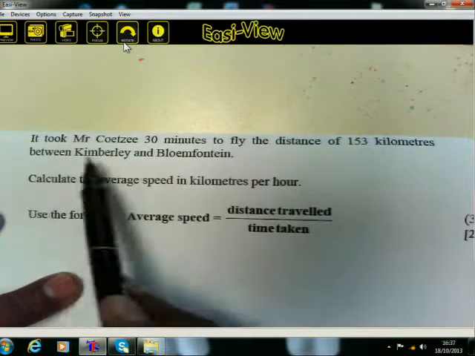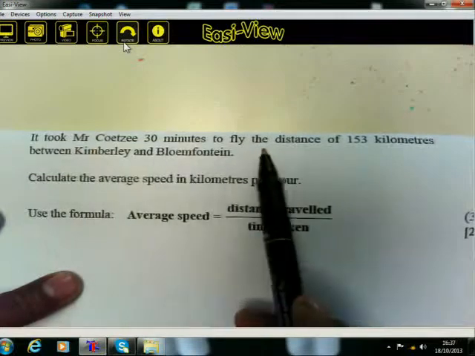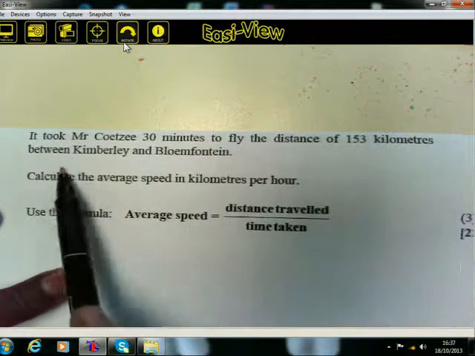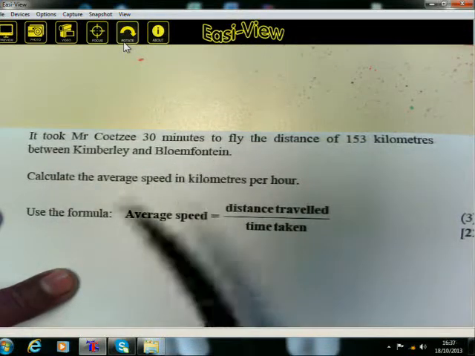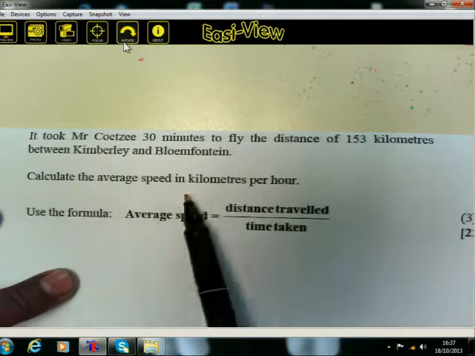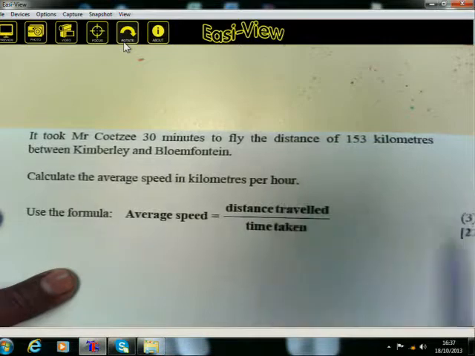Then it says here, it took Mr. Coetzee 30 minutes to fly the distance of 153 kilometers between Kimberley and Bloemfontein. Calculate the average speed in kilometers per hour.